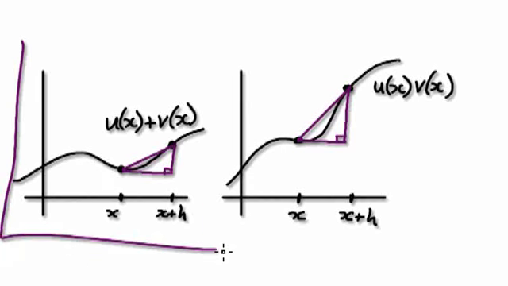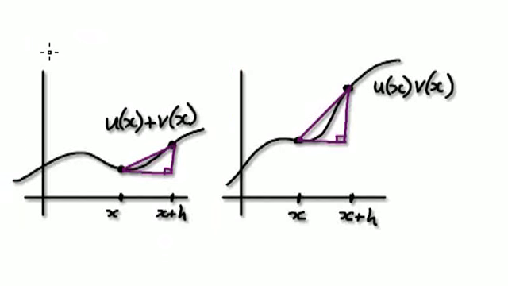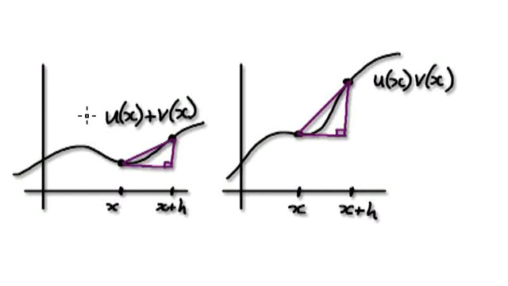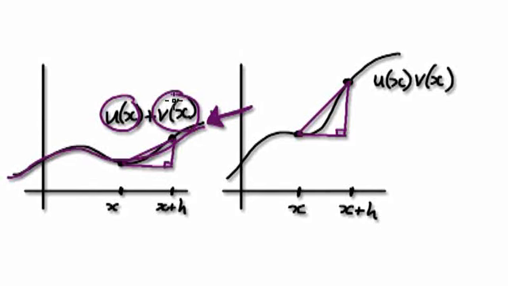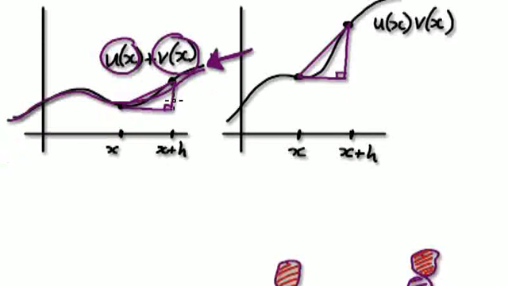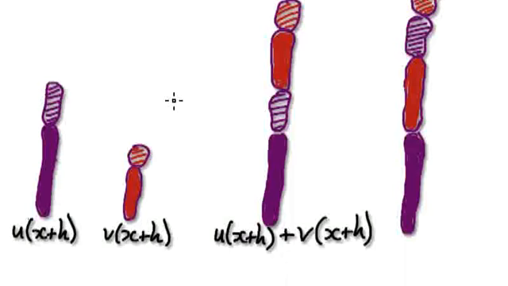Okay, look at this graph here. This line here is the sum of two parts. So if you try to visualize it like this, here you've got your u of x, and here you've got your u of x plus h.